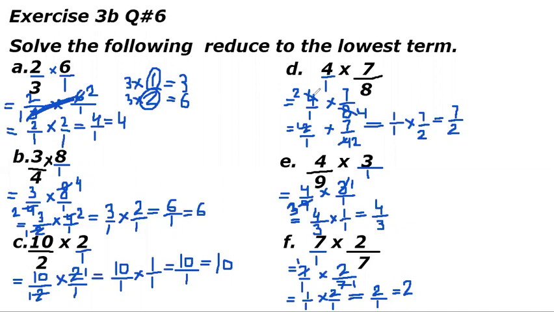So we will divide 4 by 2 and we will divide 8 by 2. When we divide 4 by 2, it gives us 2. And when we divide 8 by 2, it gives us 4. Now we have got a new fraction, 2 by 1 multiplied by 7 by 4.